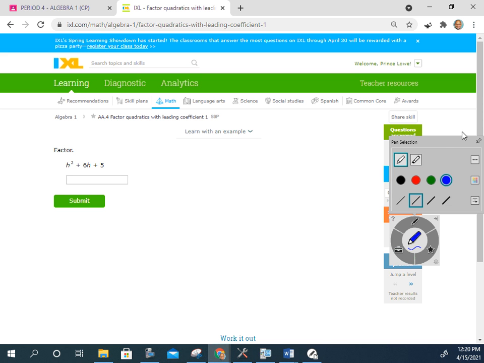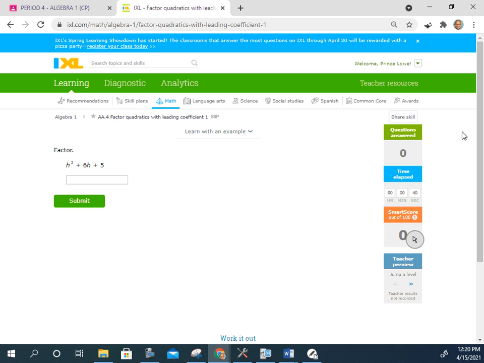Then you would look for two numbers that multiply to 5 and add to 6. And then you would solve your problem out. Pretty much same rules apply. So that's what AA4 is asking you to do.